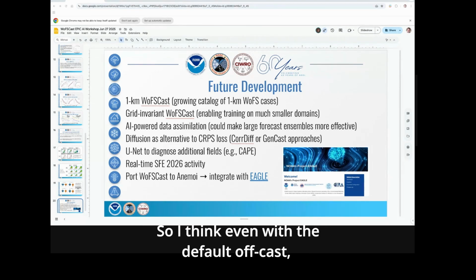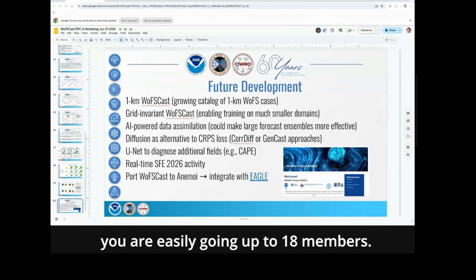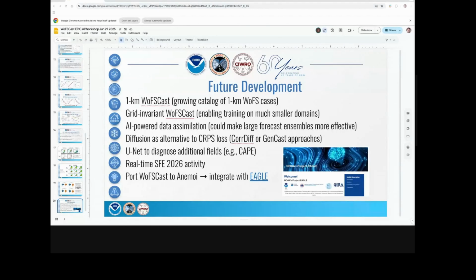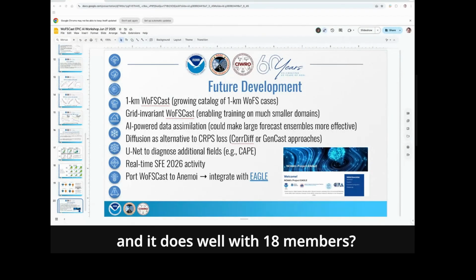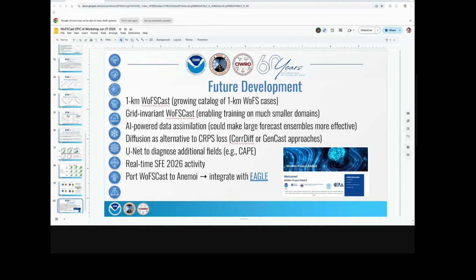So I think even with the default WoFSCast, you are easily going up to 18 members. Have you done the same with the diffusion model, and it does well with 18 members, or what did you do to get many ensemble members to improve performance?